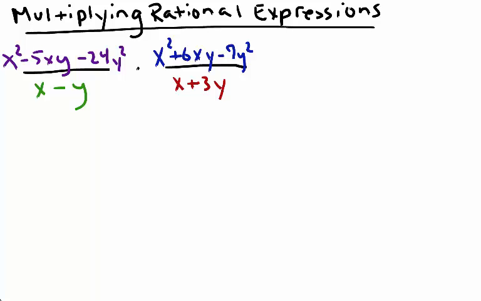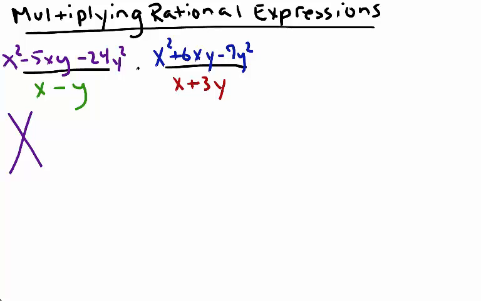So let's get started. If we look at the numerator of our first rational expression, x squared minus 5xy minus 24y squared, that can be factored. We can use the AC method to factor this trinomial.